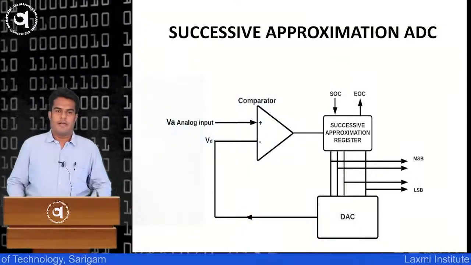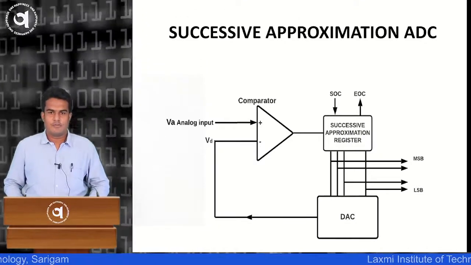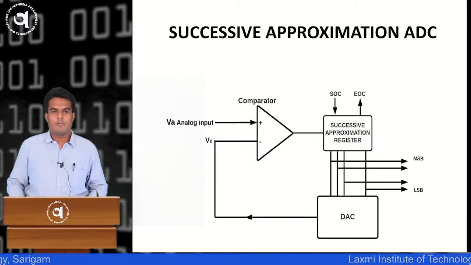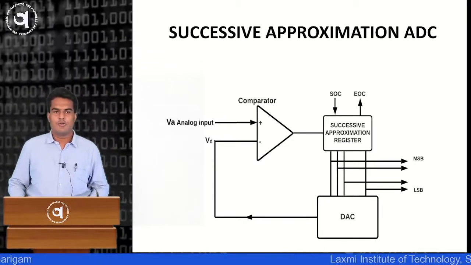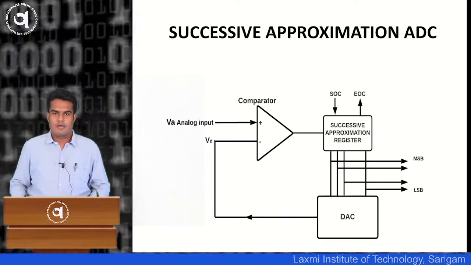In our previous ADC, the number of conversion cycles was 2 to the power n. Specifically in successive approximation ADC, the number of cycles is reduced from 2 to the power n to only n cycles. How will it work? Let's see.